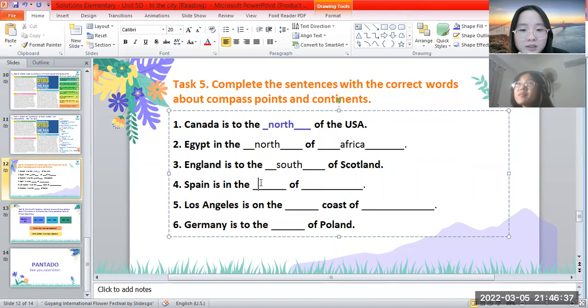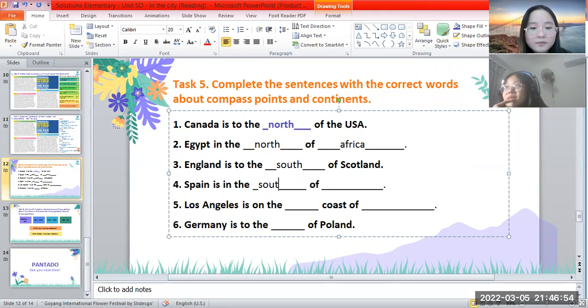Spain. South. In the south of which continent?